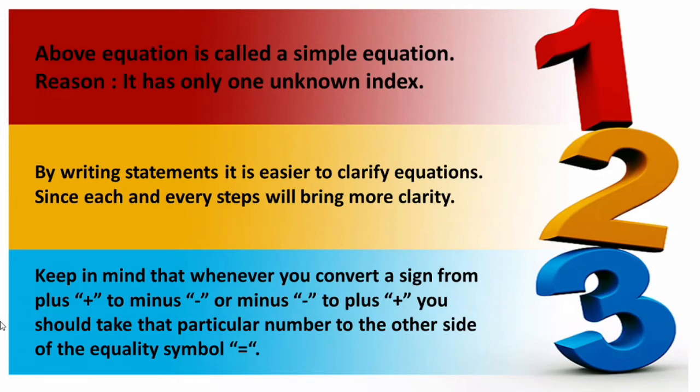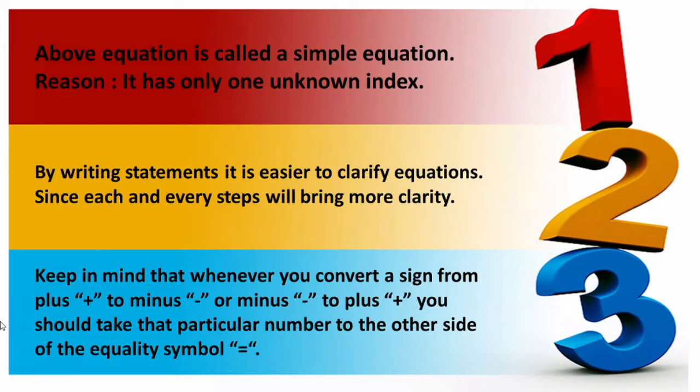When you take this equation, X plus 24 equals 114, the unknown index is X. X is the amount of mangoes he already had, 24 is what he bought, and 114 is the entire amount of mangoes he has. So the way of writing statements is, you can start with the number of mangoes the vendor had initially.